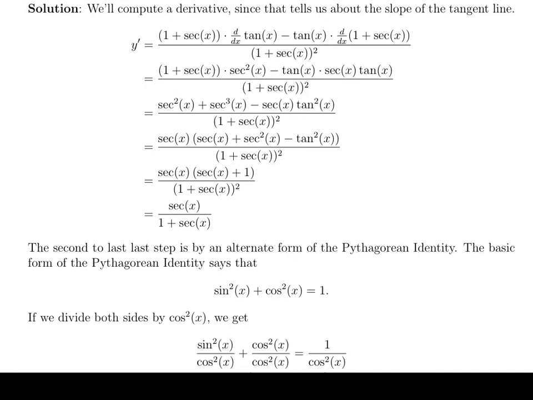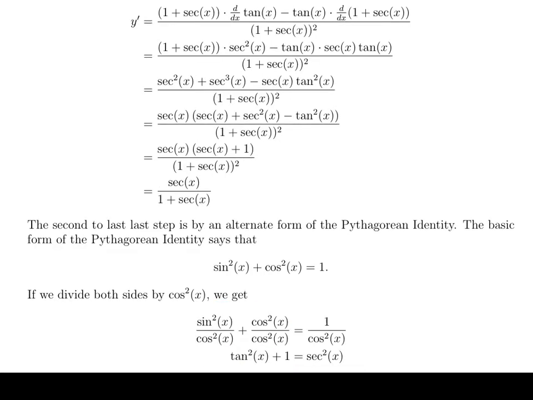So we've divided both sides by cosine squared x. Now we can simplify each piece. This piece is tangent squared. This piece is 1. How about this piece here? Well, 1 over cosine is secant, so what we have there is secant squared. When we clean all that up, we get tangent squared x plus 1 is equal to secant squared x.